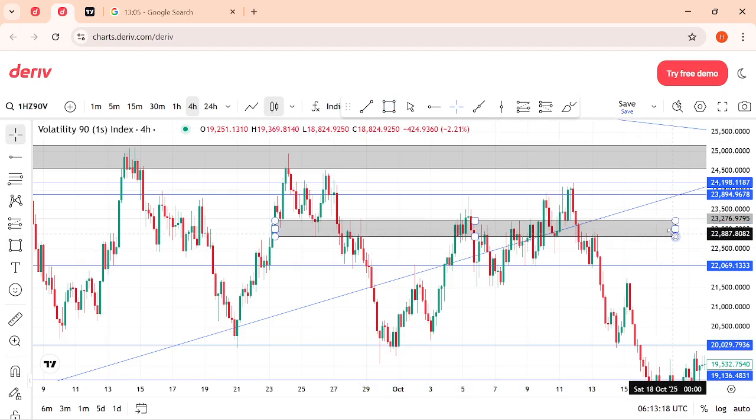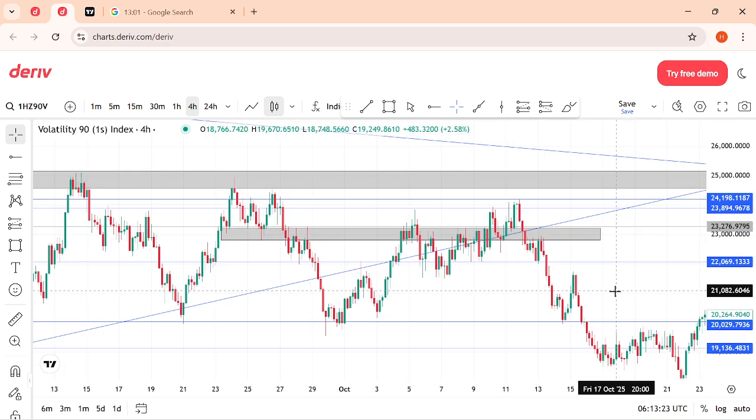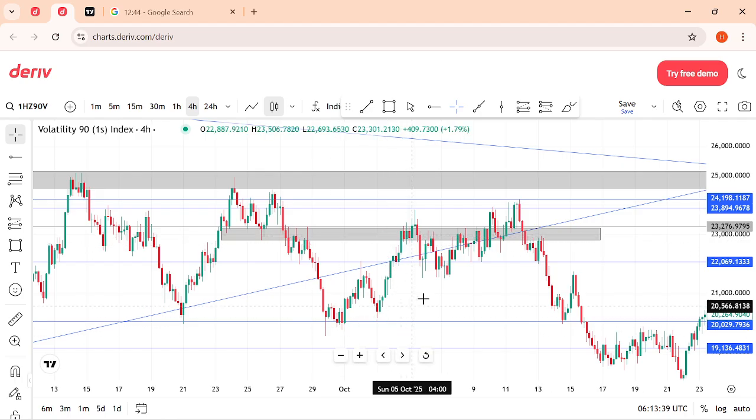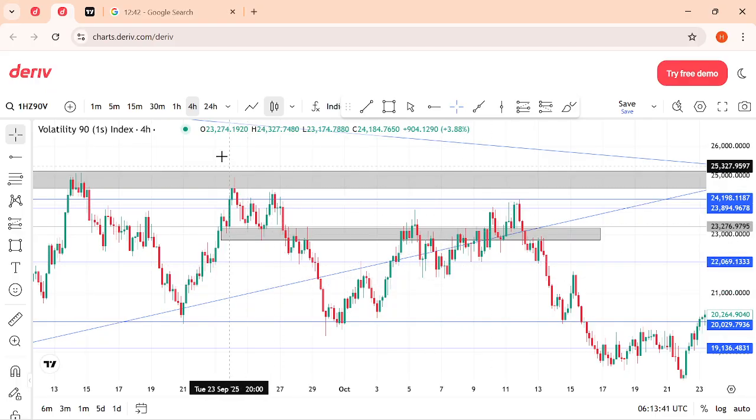So why do we mark this out? We simply mark this out as an indication stating that whenever price gets into the zone, we begin to look for our entries. But now, do you enter the market blindly? No. You cannot enter the market blindly, because now this is 4 hours time frame.